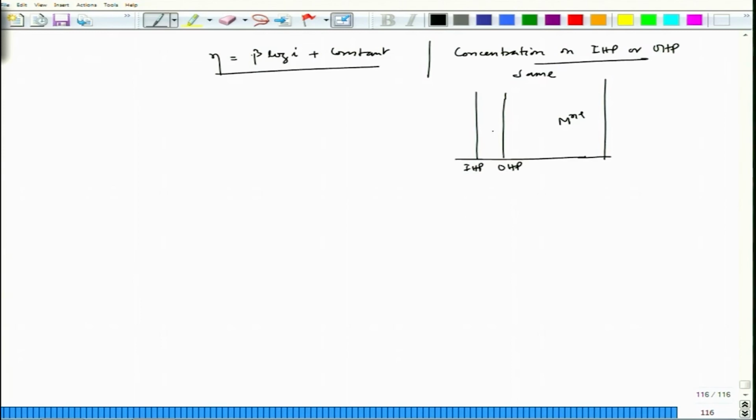If I plot the concentration axis, Cr as well as Co are similar, and Co is also the bulk concentration of M n plus ions. So, we do not get any concentration difference from the bulk to the interface of that electrode.